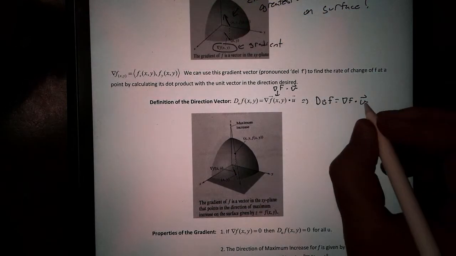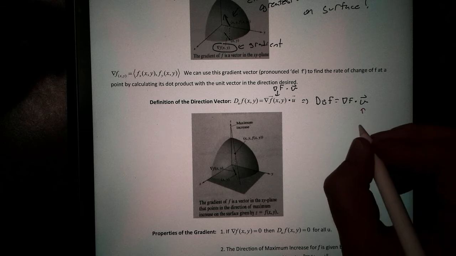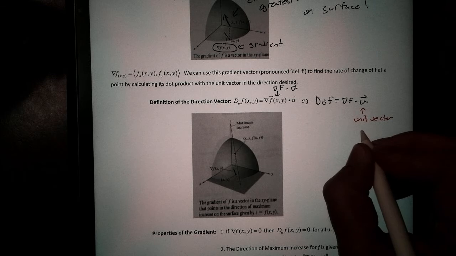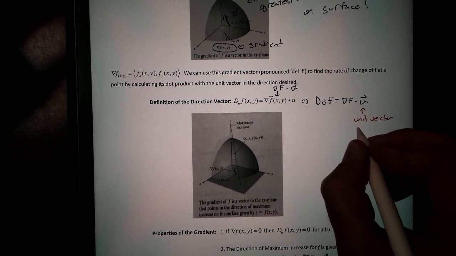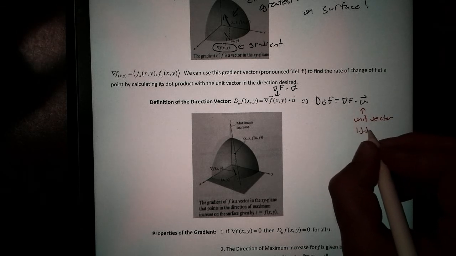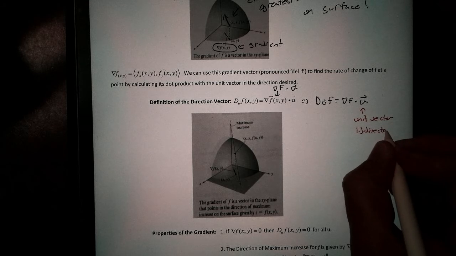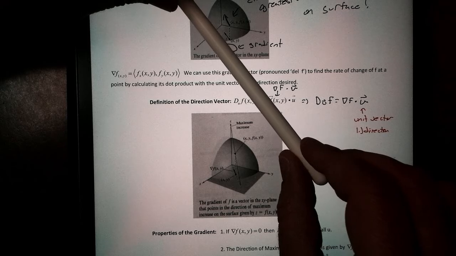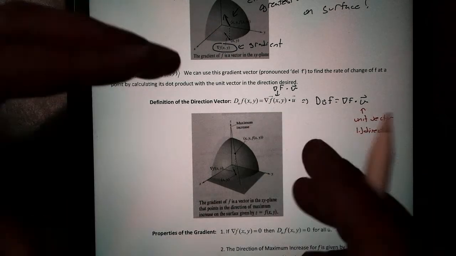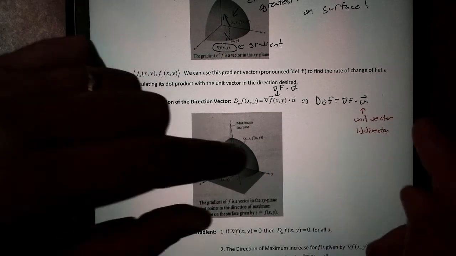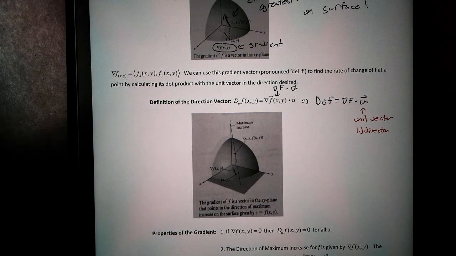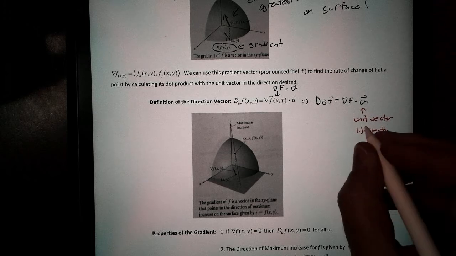So let's talk about u for a little bit here. Remember, some properties of u: this is a unit vector. What the unit vector does for us is give us the direction we want to head in. Now, be careful, del f will give us the direction of the greatest change. But if I want to find the change in any direction, I have to find u. I have to get my direction vector here.